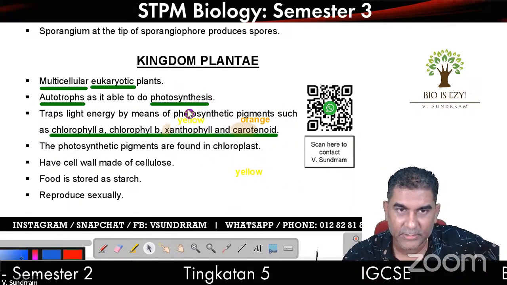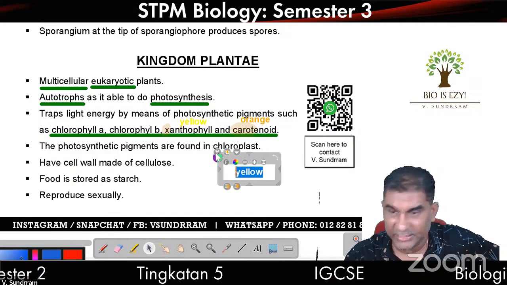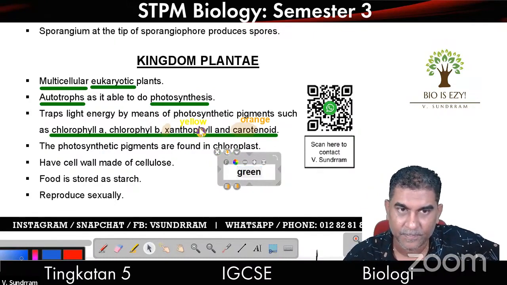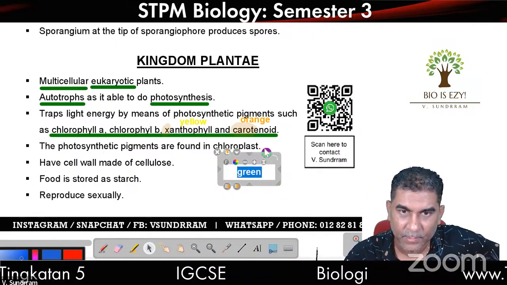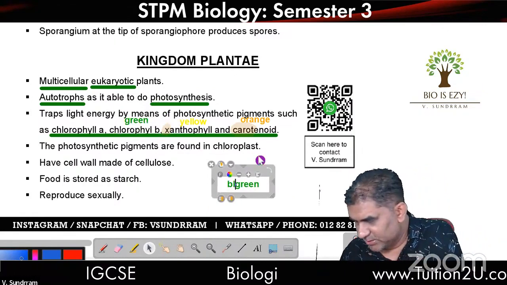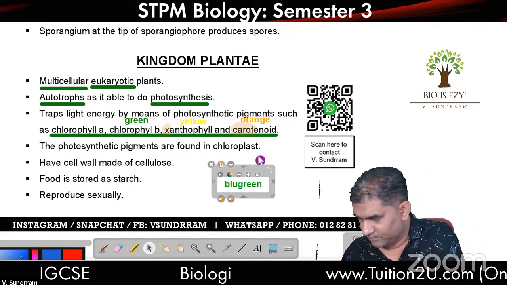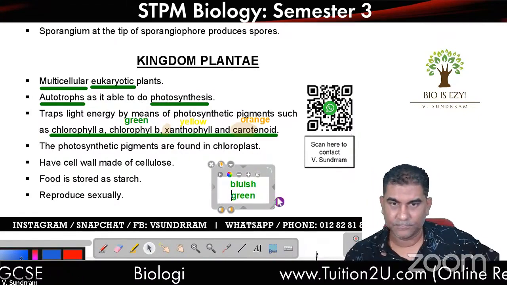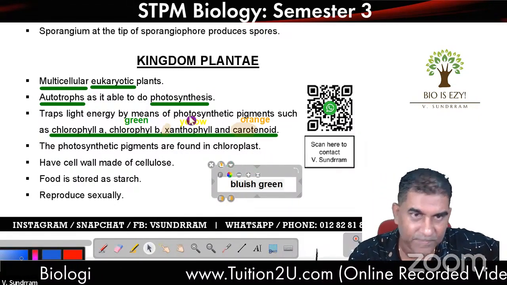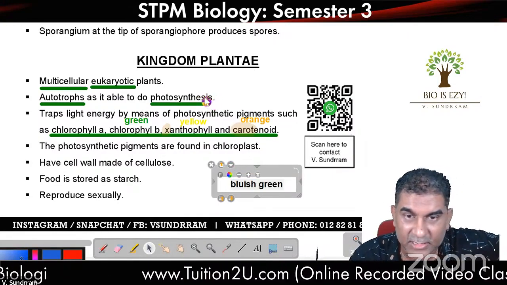Chlorophyll B is green, and chlorophyll A is bluish green.